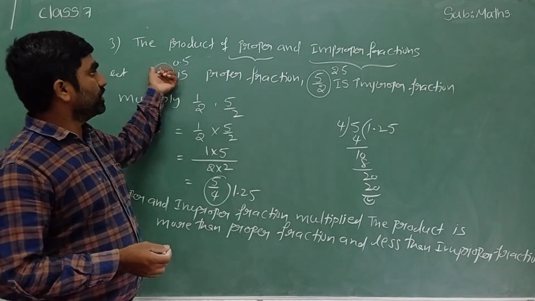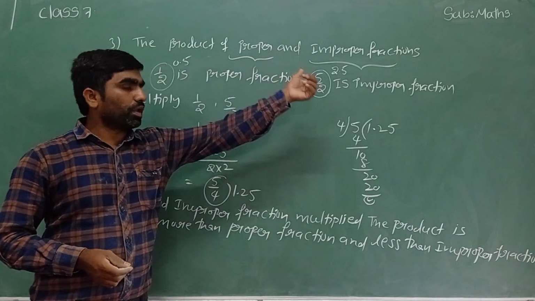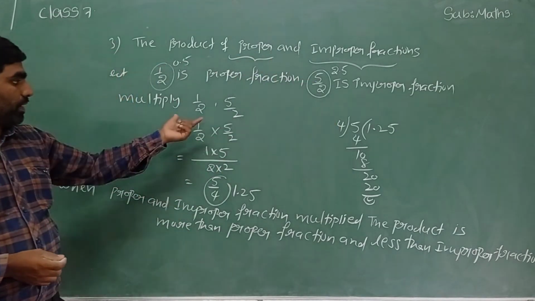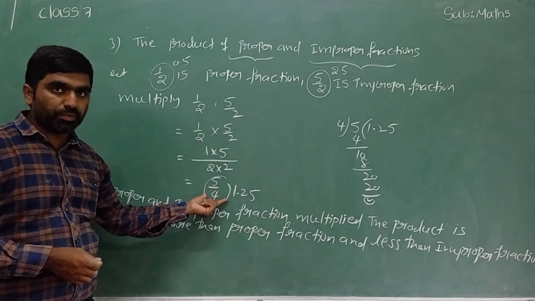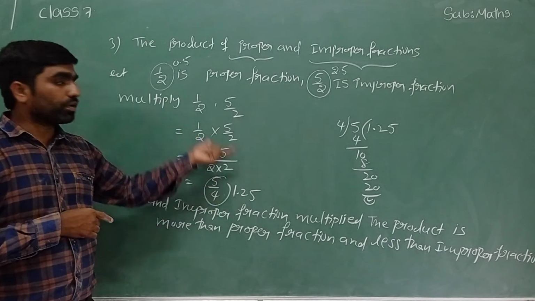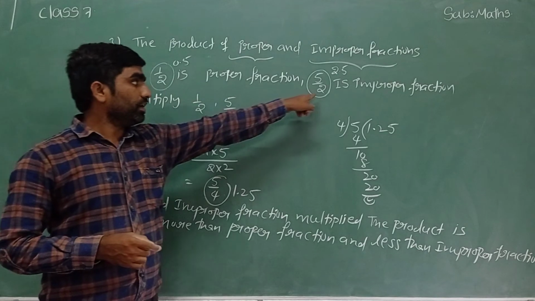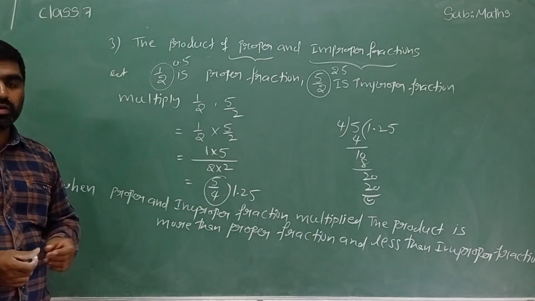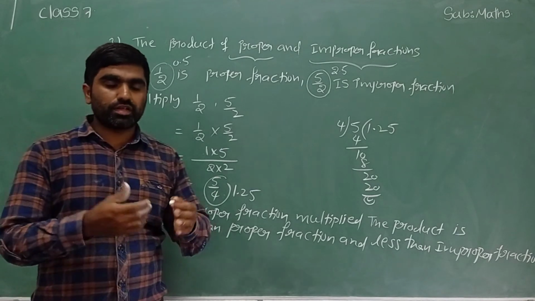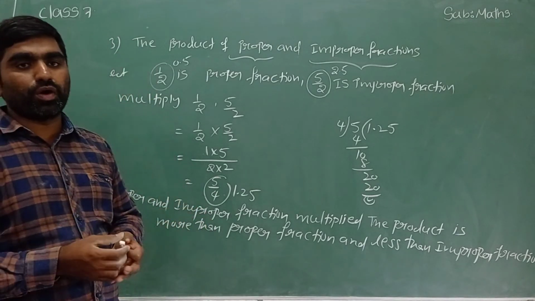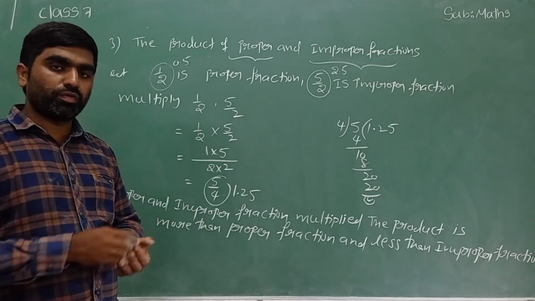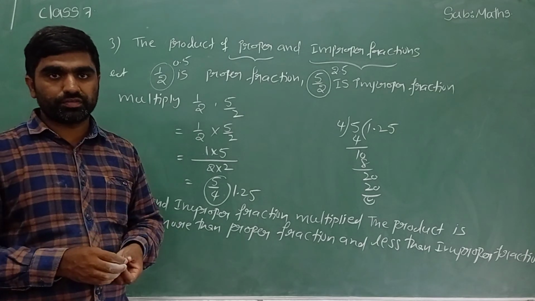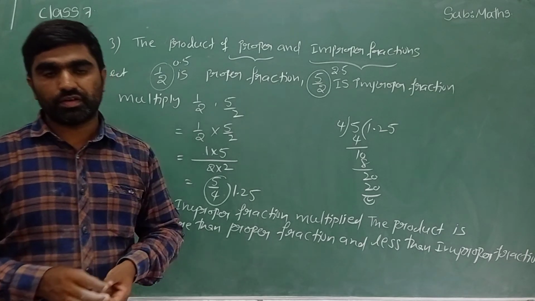In the third case, we took one proper fraction and one improper fraction, and by multiplying, the result value is more than the proper fraction and less than the improper fraction. So this is about product values. Now let's see exercise problems.